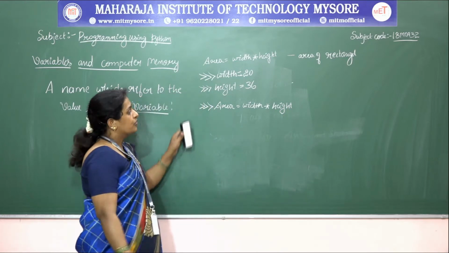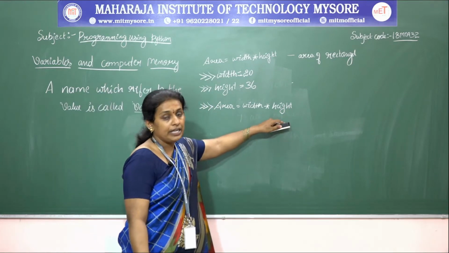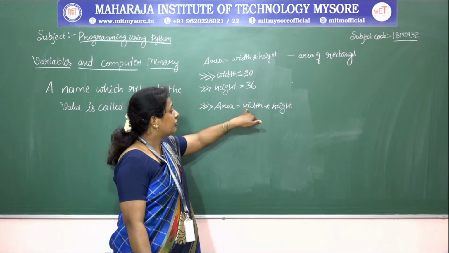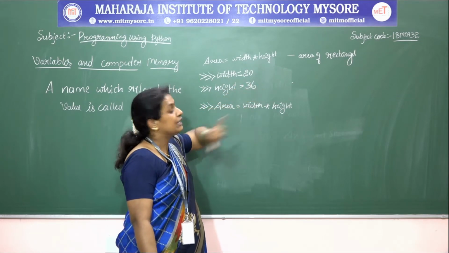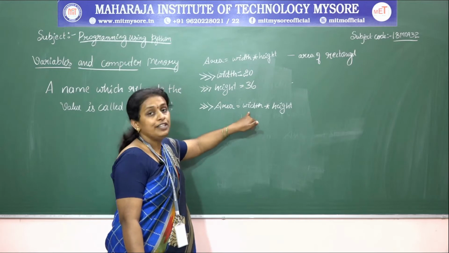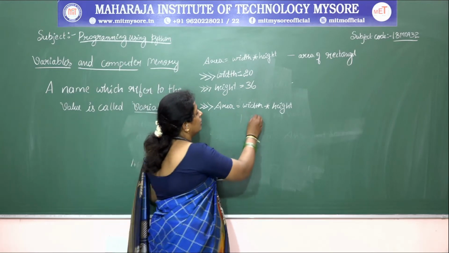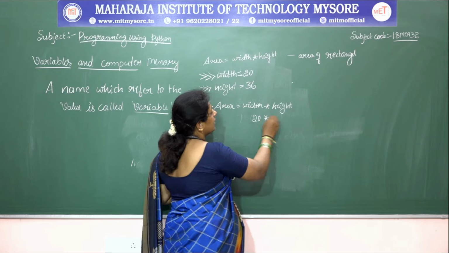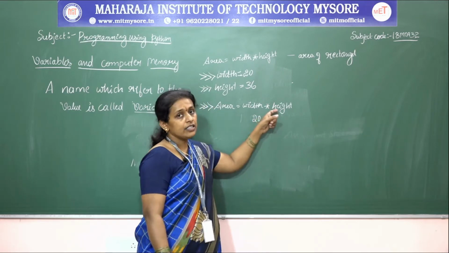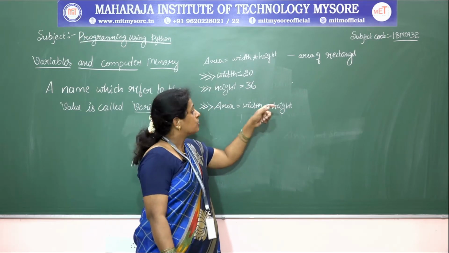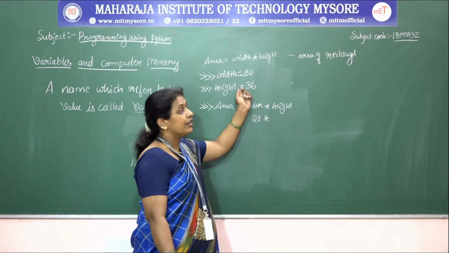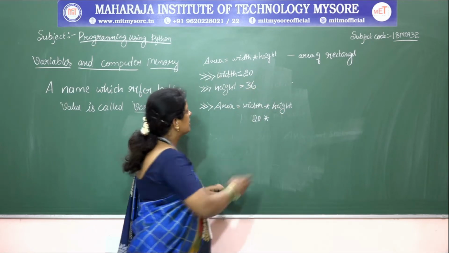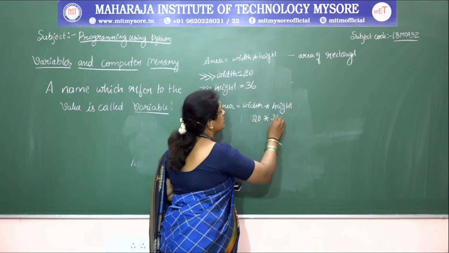When this expression is evaluated by Python, the width variable refers to the value 20, and this 20 will be substituted for width. In the same way, when the height variable is seen, Python will substitute the height variable value, that is 36.